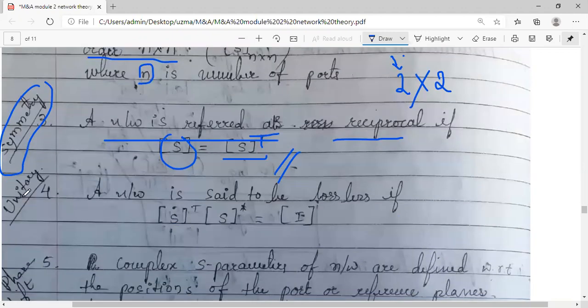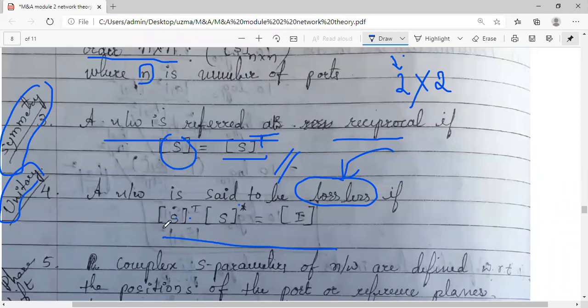Okay. Then you have the unitary property. This unitary property we will apply for a network which is lossless. So what do you mean by a lossless network? Lossless indicates it is not having any resistance to the power flow. Okay, the line, the transmission line, will not offer any resistance to the energy flow. So a network is said to be lossless if this condition is satisfied: the S matrix transpose and S star, you know what is star?